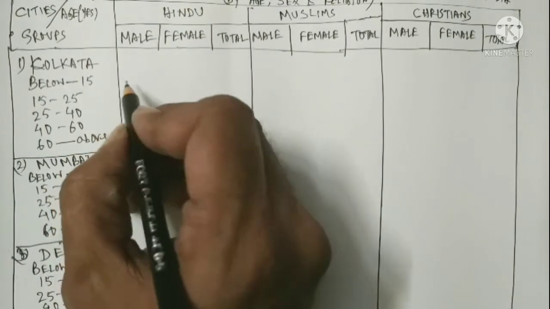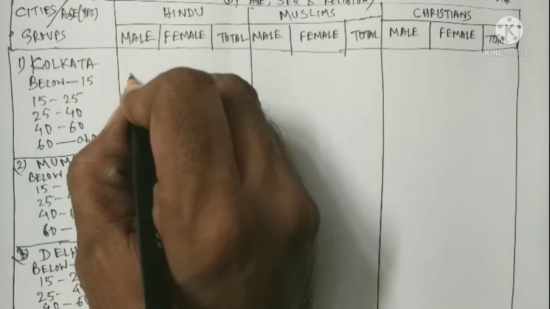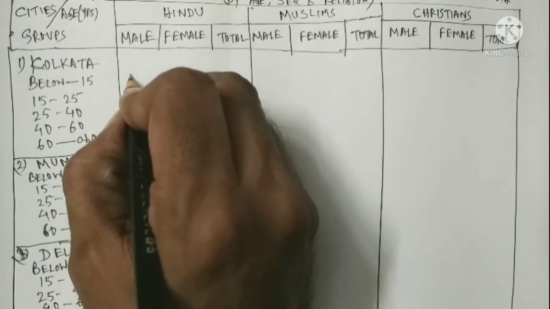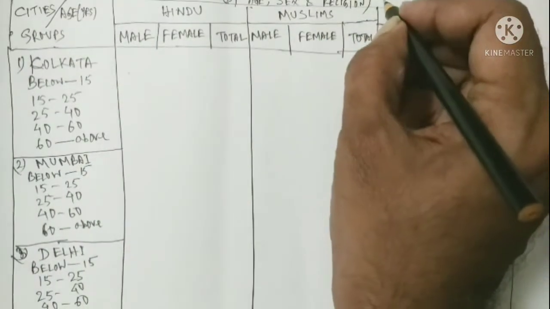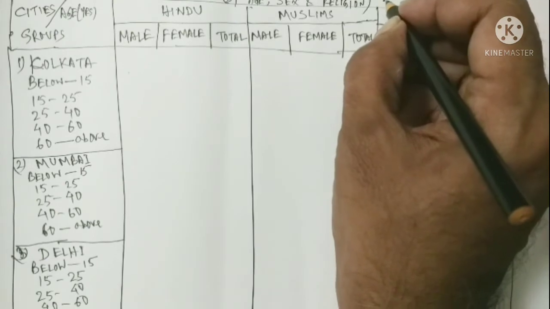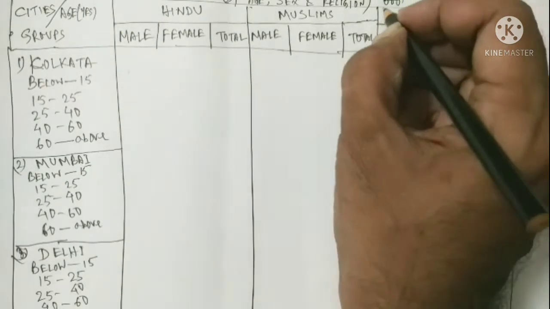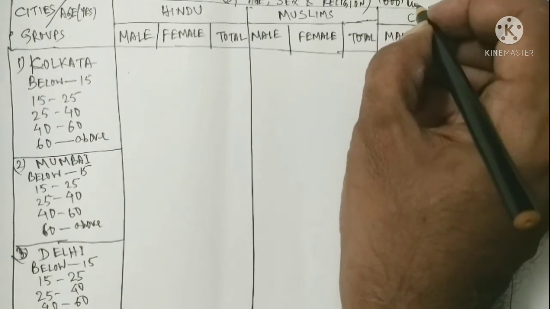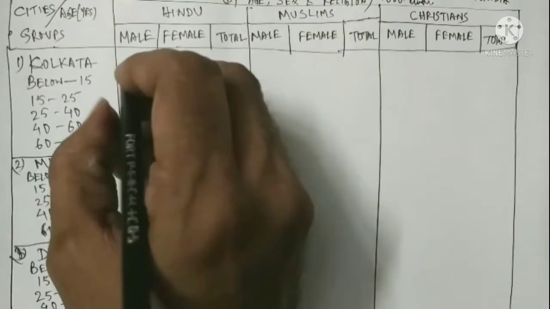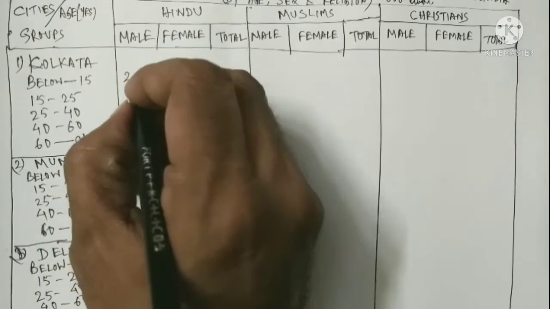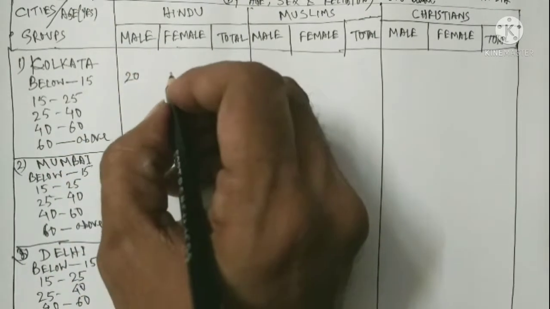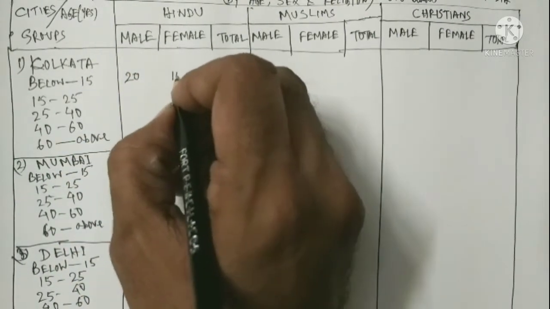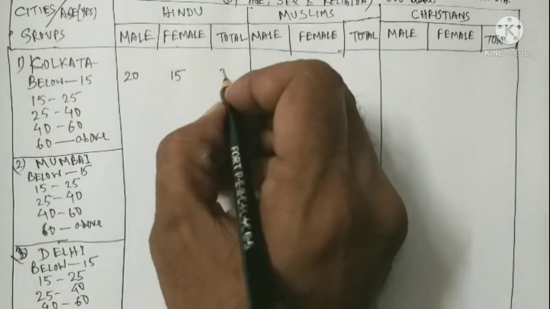In Kolkata, below 15 male is 1000, counting in thousands units. Below 15, 20,000 female, 15,000, total 35,000.